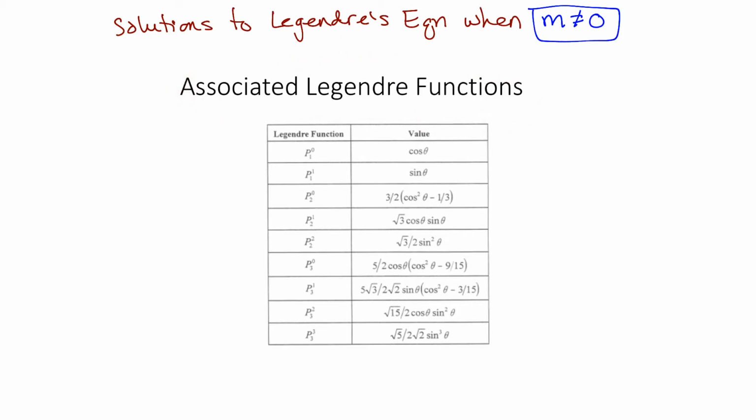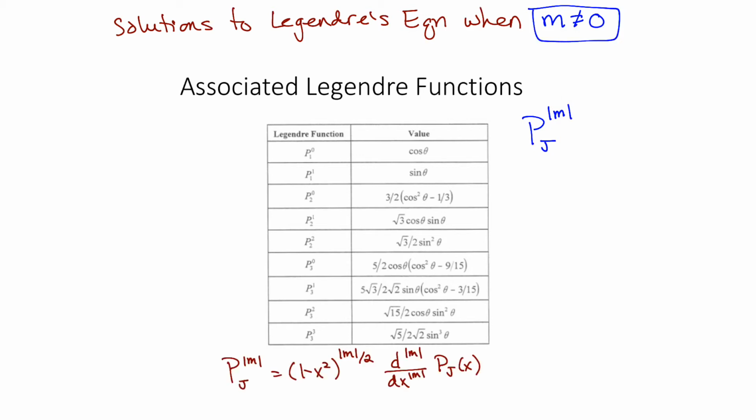Before we had Legendre polynomials, and these are associated Legendre functions, given the notation P sub J to the absolute value of m. Here we see that we get an additional dependence on not only our energy level, our J quantum number, but also on our M quantum number.